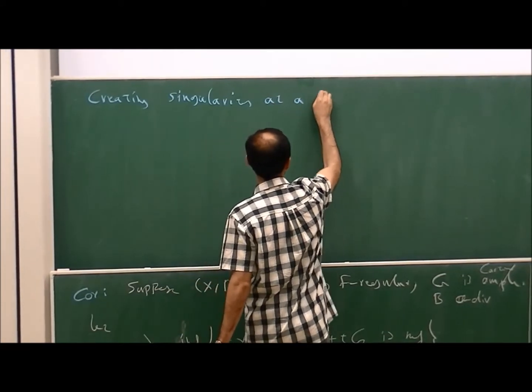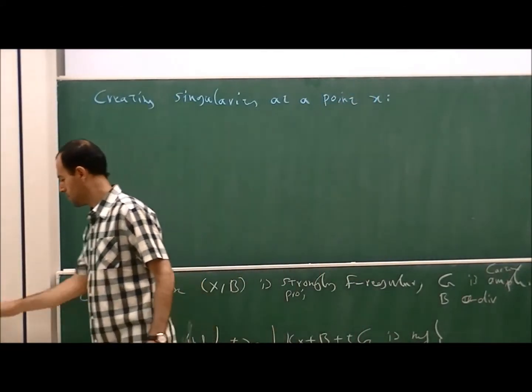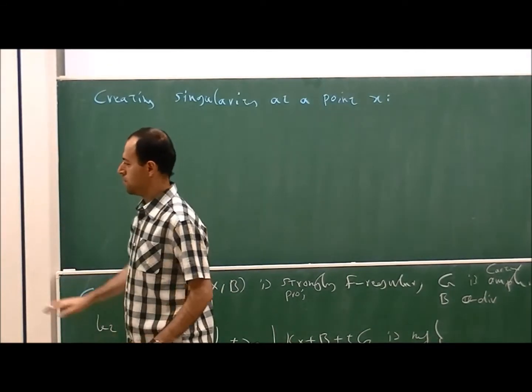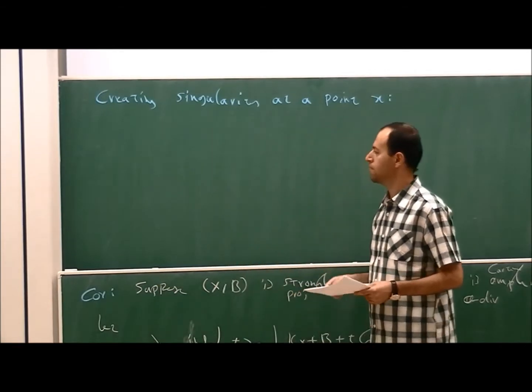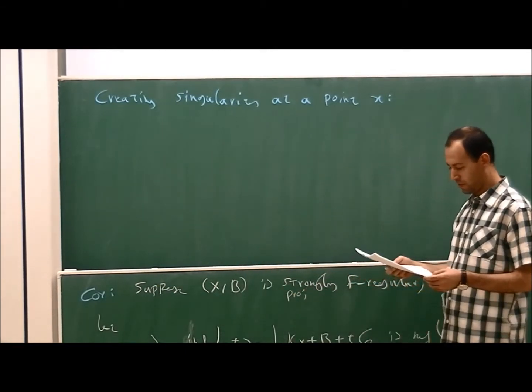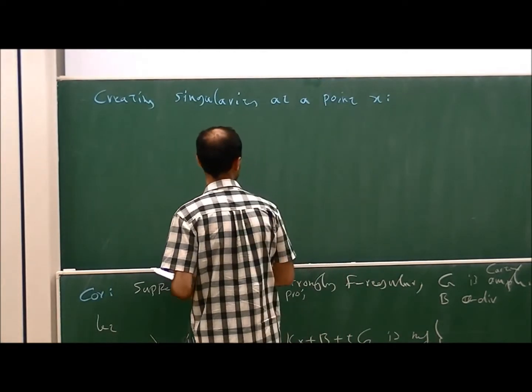At a given point. So this is a general framework for producing divisors which are very singular at the point, but what is relevant for this lecture is the following setting.